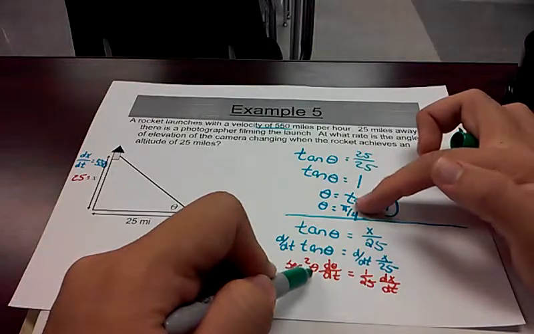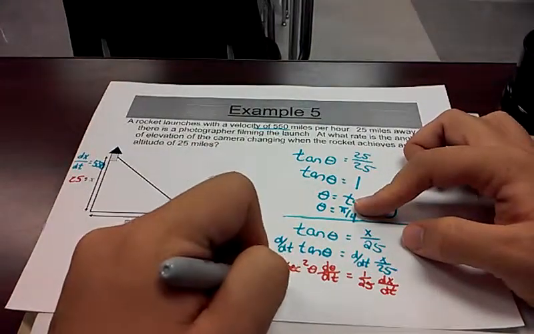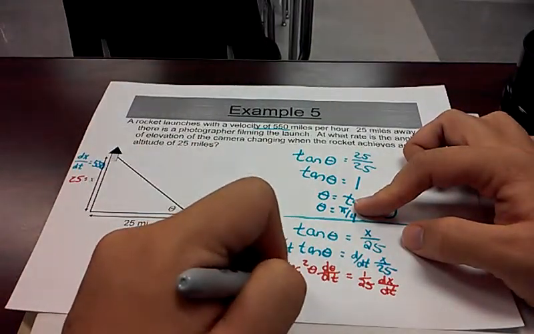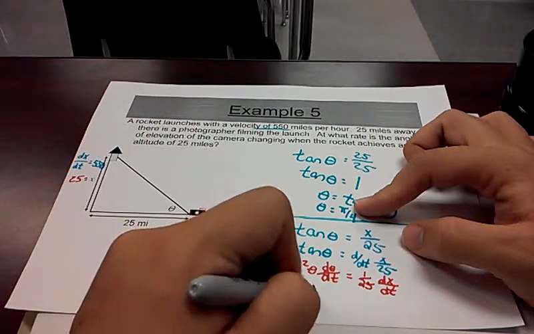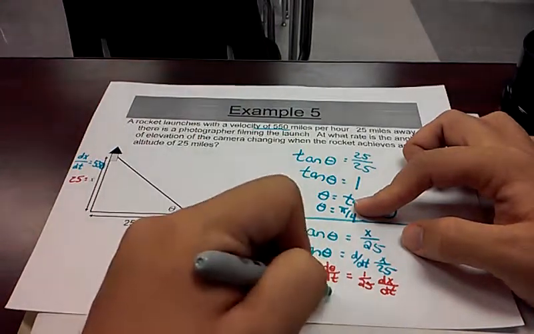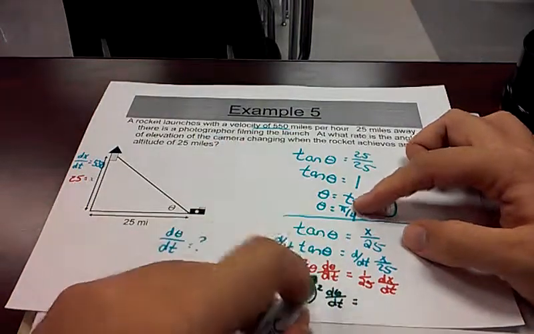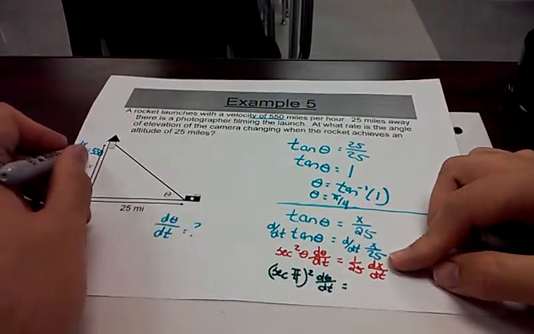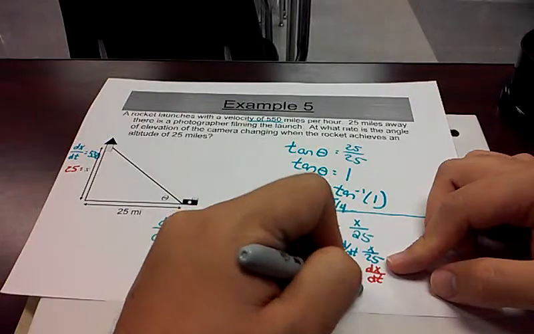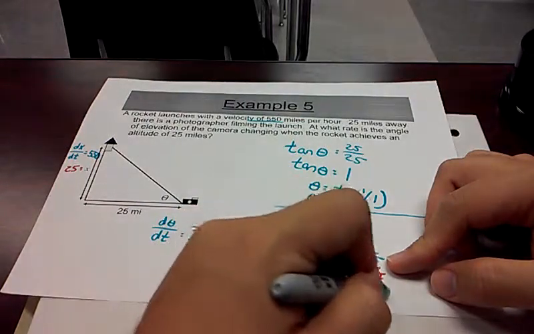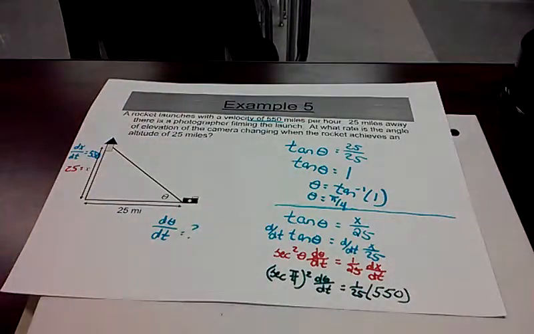Theta, if you remember, was pi over 4. So I'm going to have secant of pi over 4 squared times d theta over dt. And then dx over dt was 550. So I'm going to have 1 over 25 times 550.